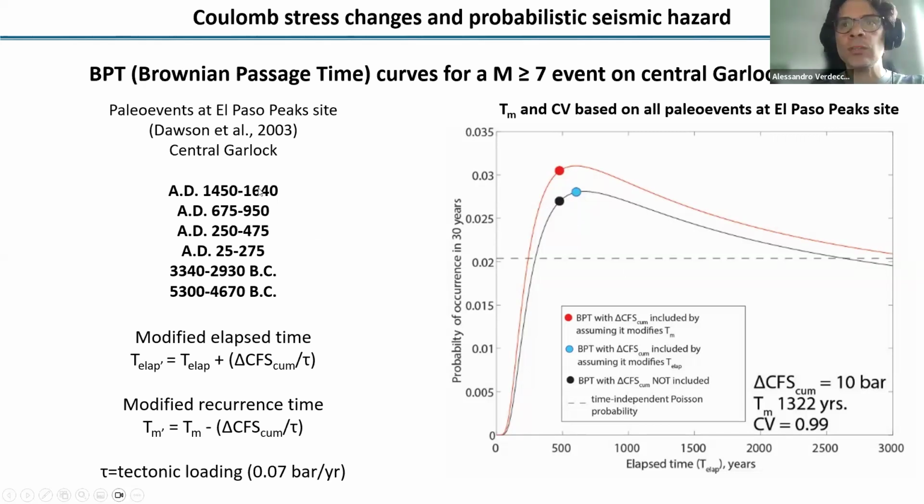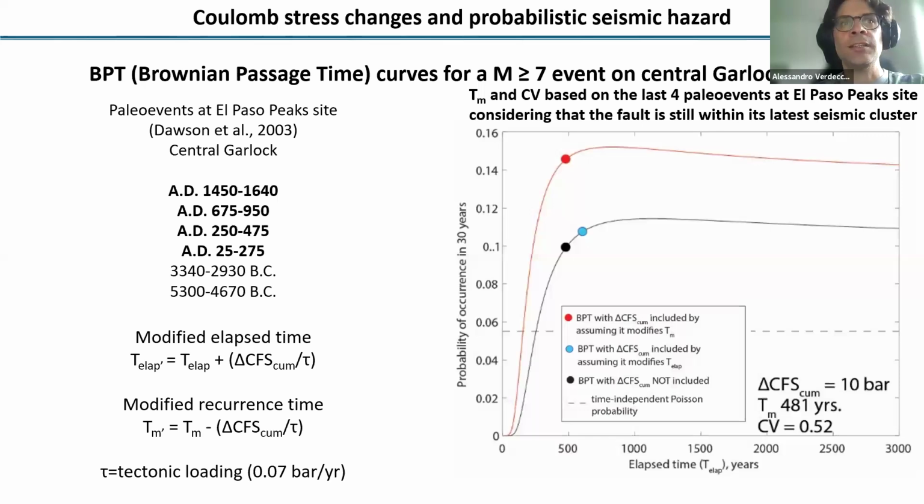This is because when we calculate our recurrence time, we take into account all the events in the paleoseismological dataset, which leads to a recurrence time of 1,322 years and a very high coefficient of variation of almost 1. But if we think that maybe this fault is still in a cluster, so it's still having a very high slip rate, and we only consider the most recent 4 events, our recurrence time changes by a lot.